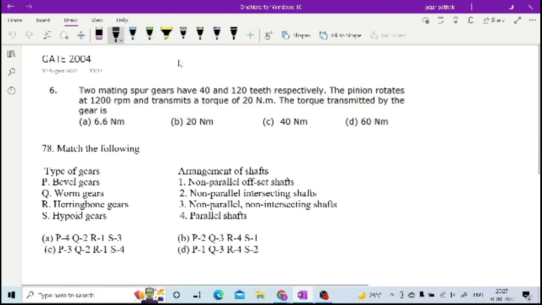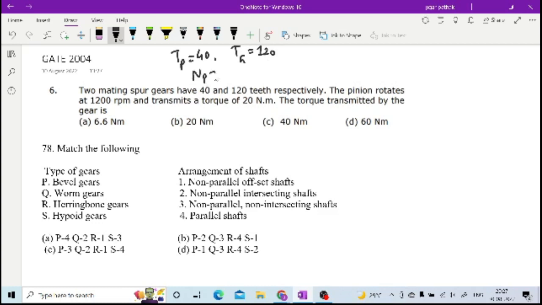Now you have the number of teeth on the pinion as 40 and the number of teeth on the gear as 120. You are provided the speed of the pinion, that is 1200. You are asked to find the torque, but in order to find the torque, first you have to know the speed of the gear.